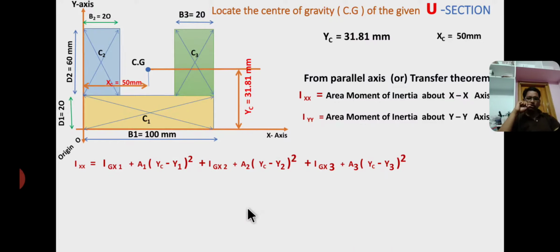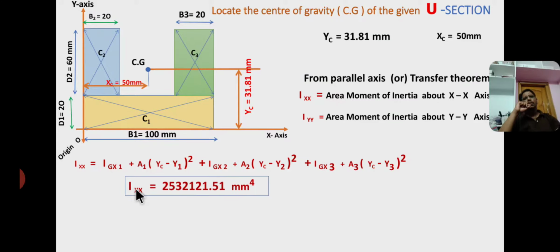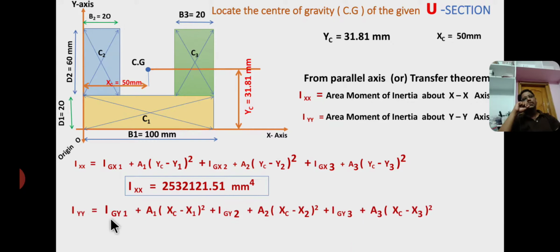From the general formula, Ixx equals Igx1 plus area 1 times yc minus y1 whole square, plus like this, for the three rectangles, and the answer is 2532121.51 mm power 4.